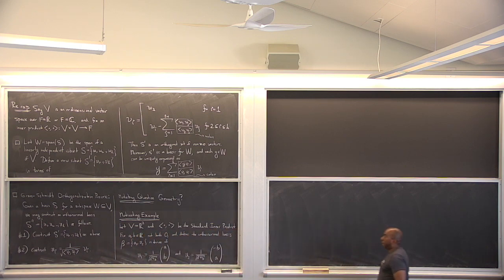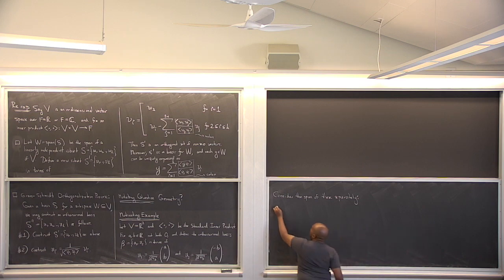So what I want to do here is consider now the span of these two vectors. In fact, I want to consider the spans separately.